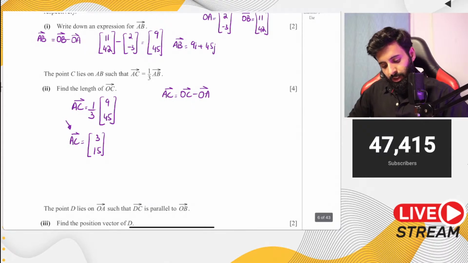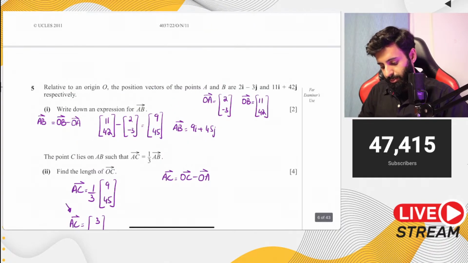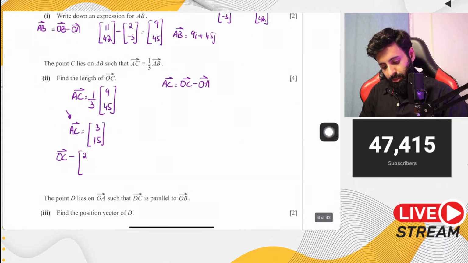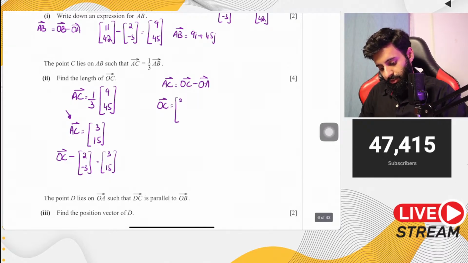So I'm going to split open AC and write it as OC minus OA, and OA I can replace by 2 and minus 3. So OC minus 2 and minus 3 is equal to AC, which is 3 and 15. Now make OC the subject. So OC will now be equal to 3, 15 plus 2 and minus 3.